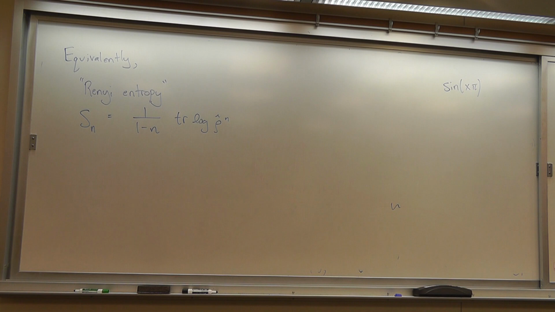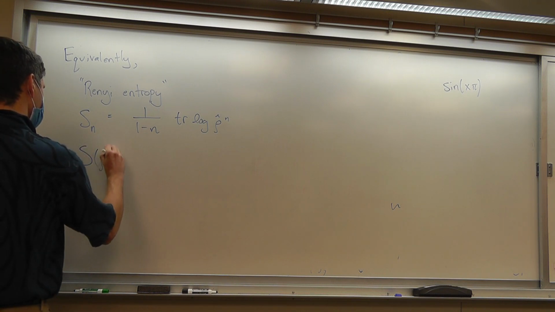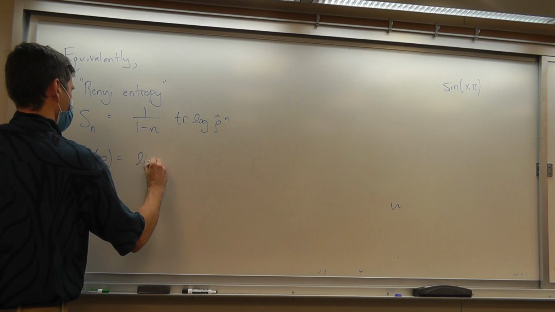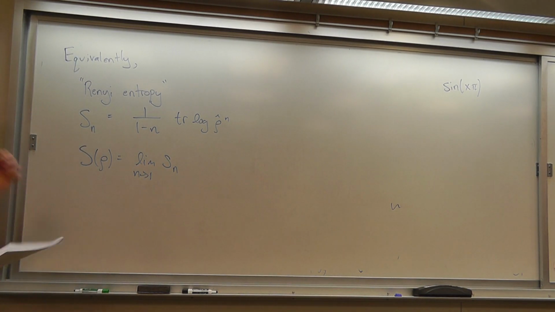S_n is the Renyi entropy, which is a more standard terminology for exactly the same quantity. And the von Neumann entropy, S of rho, is the limit as n goes to 1 of S_n. So another way of saying it is that we're going to calculate the Renyi entropies at integer n, then we're going to analytically continue the Renyi entropy to extract the von Neumann entropy.